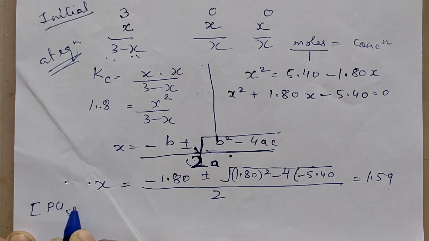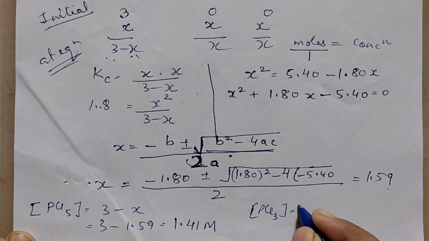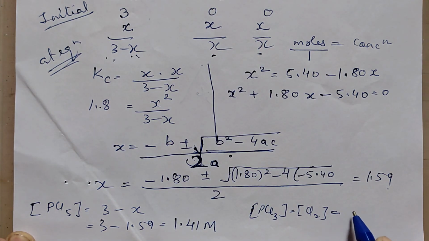Concentration of PCl5 is nothing but 3 minus x, that is 3 minus 1.59, that is 1.41 mole per liter. Concentration of PCl3 will be equal to the concentration of Cl2, as we have seen here. Both were the same, so that is equal to the x value only, that means 1.59 mole per liter.